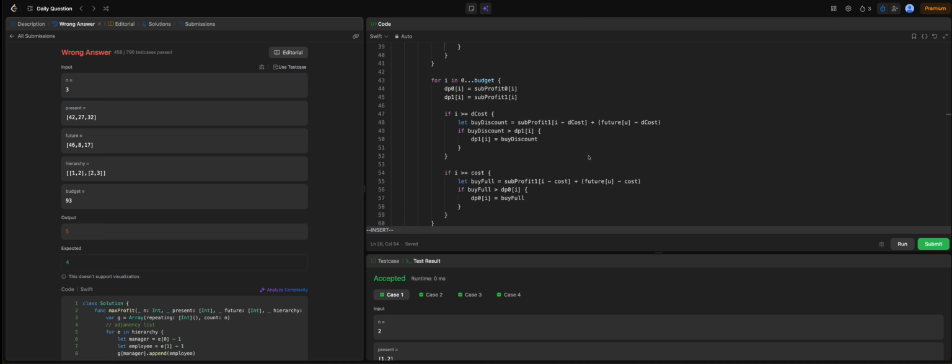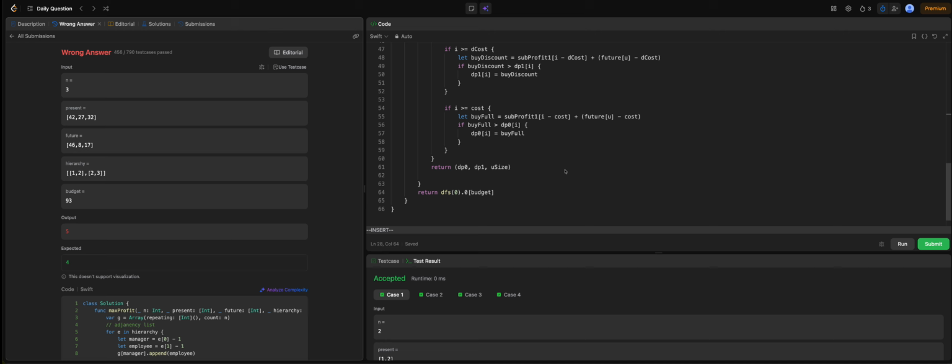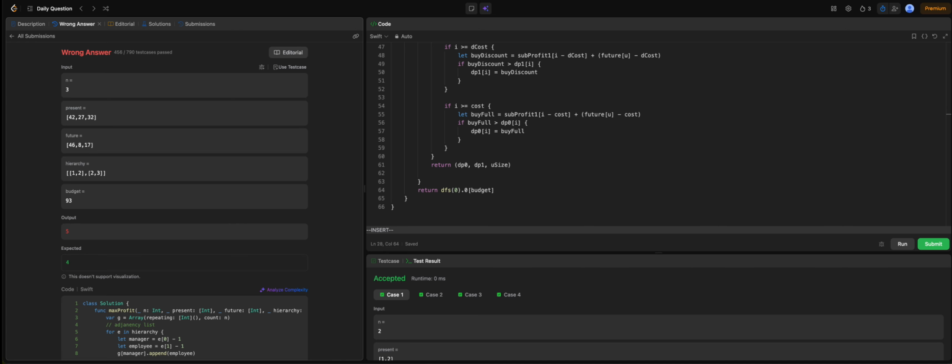That's also true. I replace it with the cost, the buy full, the profits, no idea. Yeah, that's exactly what I want to do according to my plan. And then, okay, let's try to submit again. Maybe something screwed up, or maybe I made a mistake.